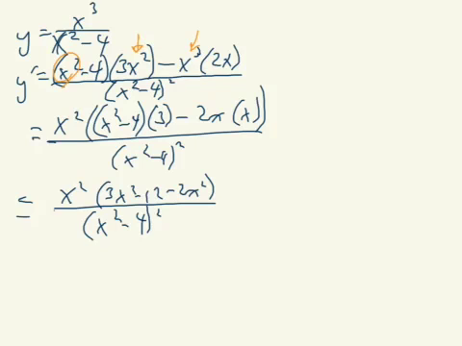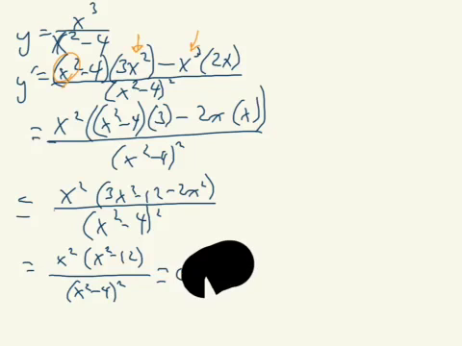Nothing cancels there. This is a double check. So we end up with x squared times x squared minus 12 all over x squared minus 4 squared. And if you set that equal to 0, you will note that, whoa, what happened there?